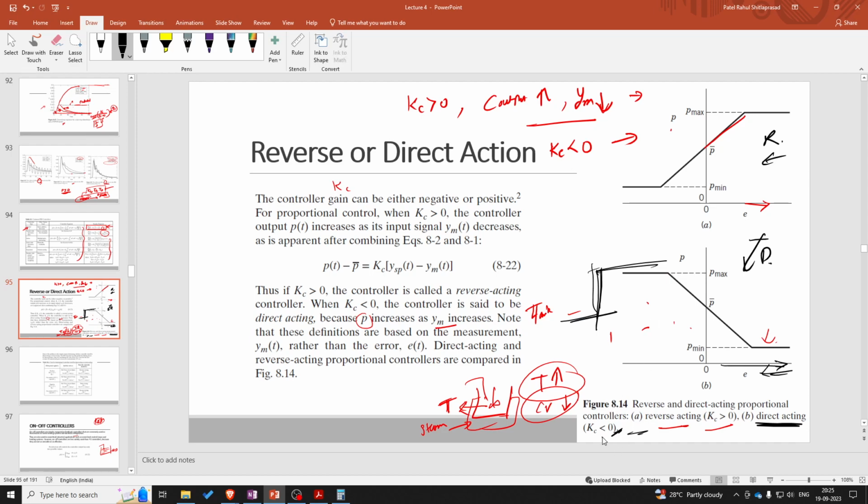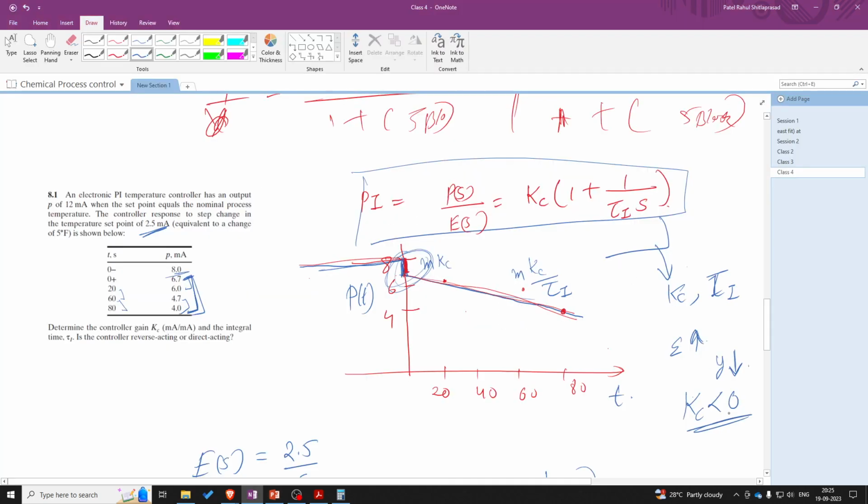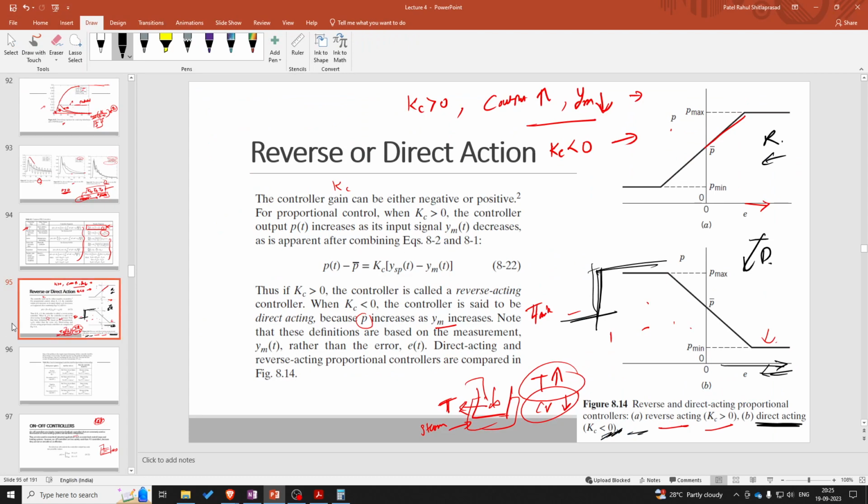That is why we said that the value of Kc is less than 0, and that is why we call it direct acting. However, if the graph was increasing, that is, at this point it increased and kept on increasing, then we would have said it was reverse acting. So I hope that clears the solution.